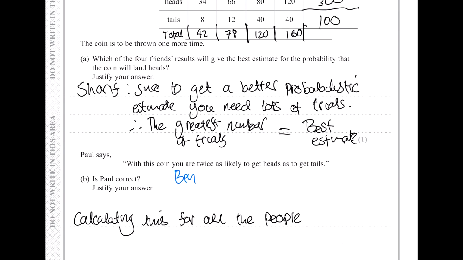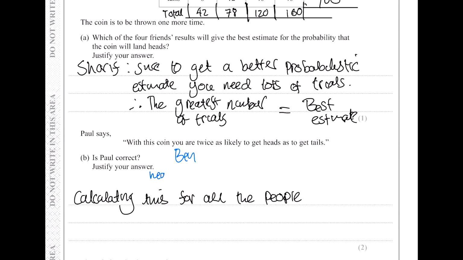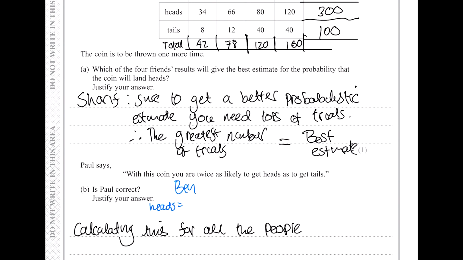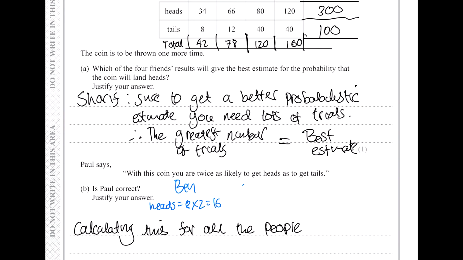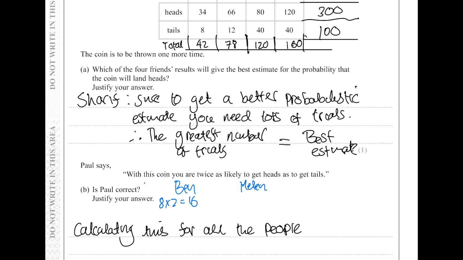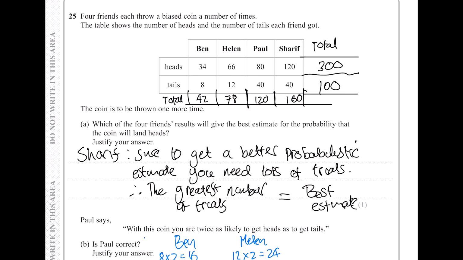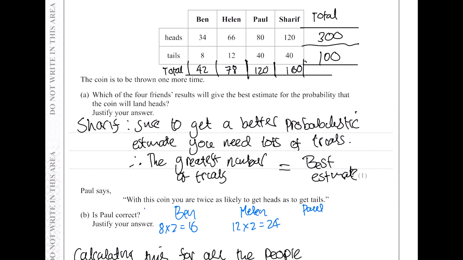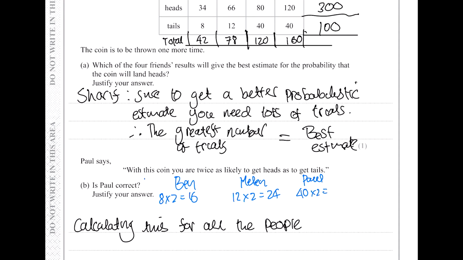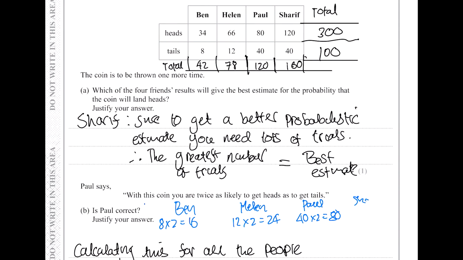Well, if we get their tails number and double it, so the heads should be 8 times 2, which is 16. This is the number of heads. Then Helen's 12 times 2, which is 24. Paul is 40 times 2, which is 80. And Sharif is 40 times 2, which is 80.